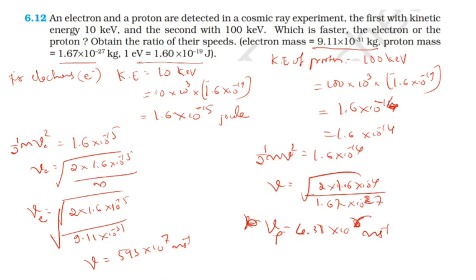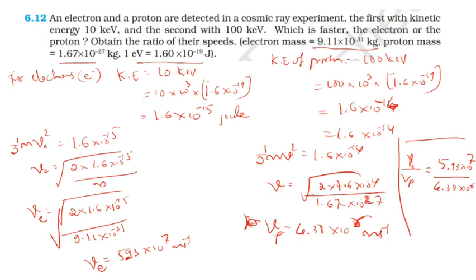Okay, so this is the velocity of the proton and this is the electron, and they're asking for the ratio Ve by Vp. So Ve divided by Vp. The Ve value is 5.93 into 10 to the power 7, and the velocity of the proton is 4.38 into 10 to the power 6.